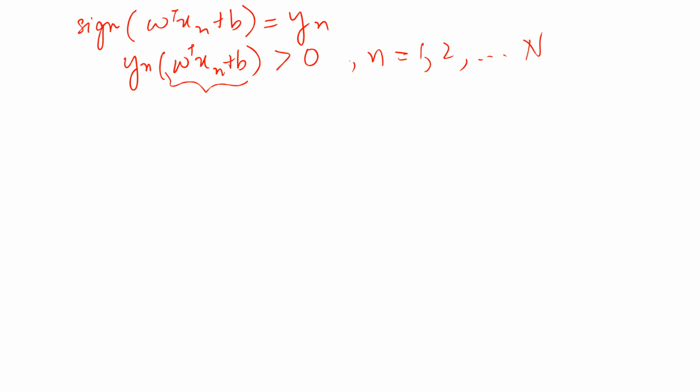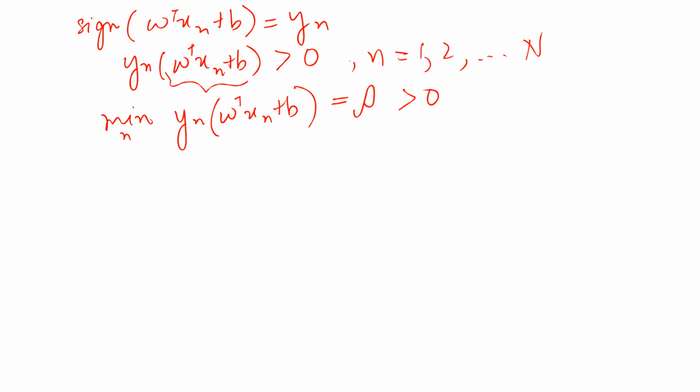Let's say that the minimum over all these data points, the minimum over n of yn times W transpose xn plus b, has a value rho, where rho is greater than 0, because this is strictly greater than 0 for all these n's. That means one of the points will have that minimum value that equals some positive value rho.